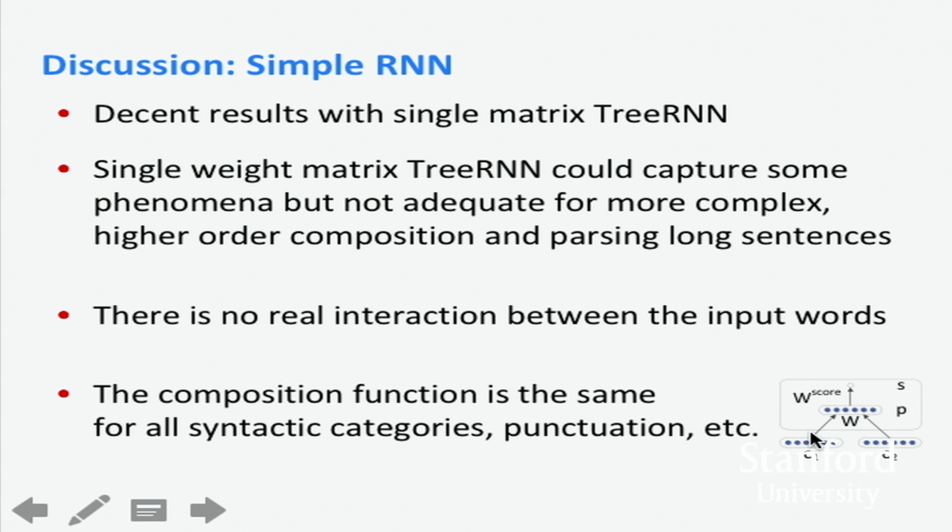We mentioned this also when we were talking about attention: if you just concatenate C1 and C2 and put them through a single matrix multiply and then a nonlinearity, you can think of the weight matrix as being segmented into two smaller matrices, where one, W1, matrix multiplies by C1, and the W2 matrix multiplies by C2, and then you just do the element-wise nonlinearity, which means that the two words' meanings don't actually relate to each other.